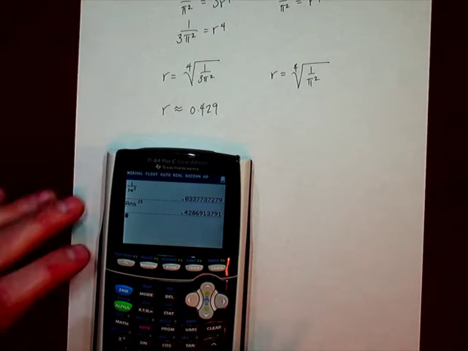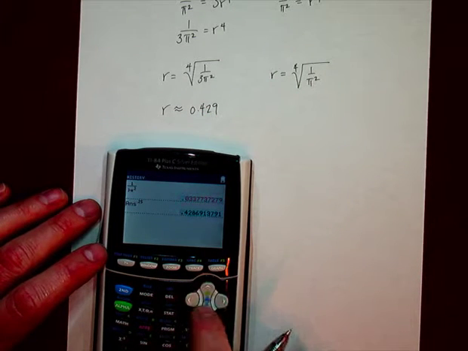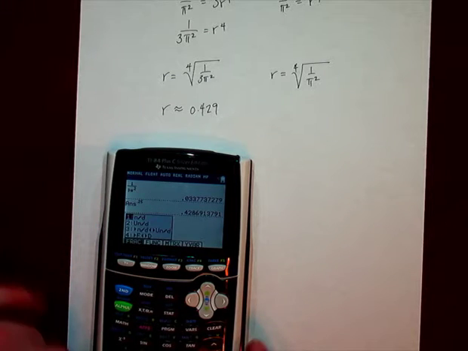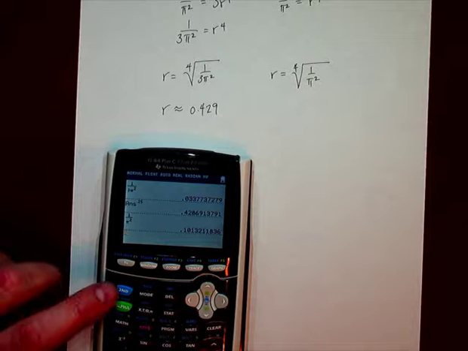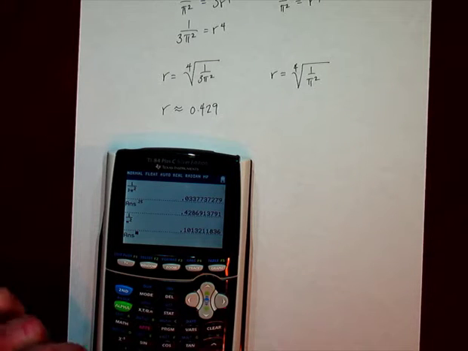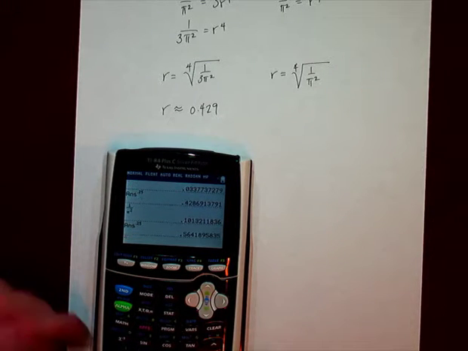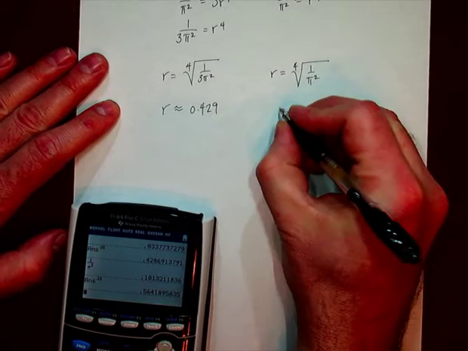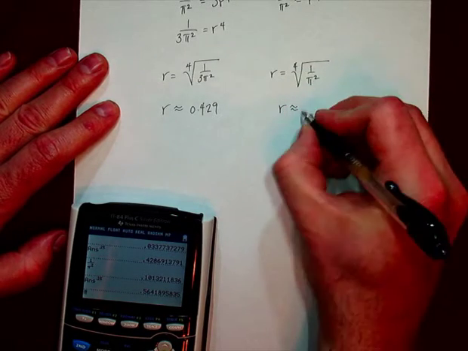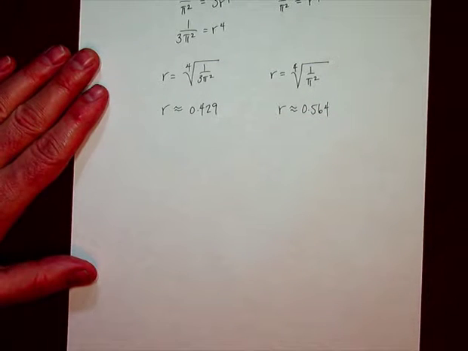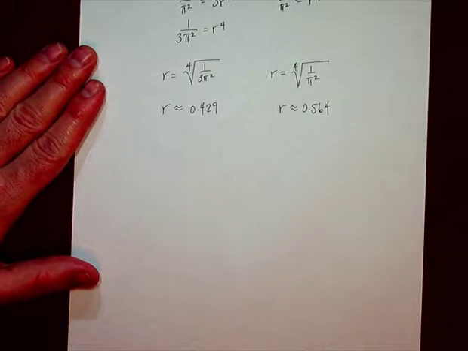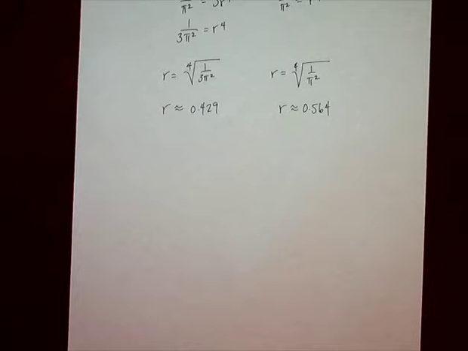Now, let's just redo it, that's fine. So we'll do 1 over pi squared, and then raise that to the 1/4 power, and you get r is equal to 0.564.